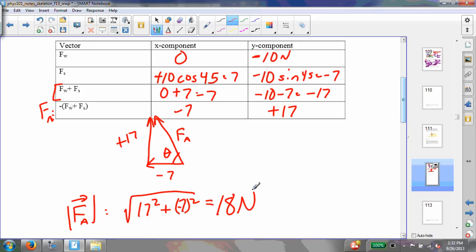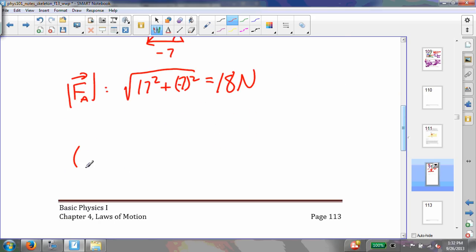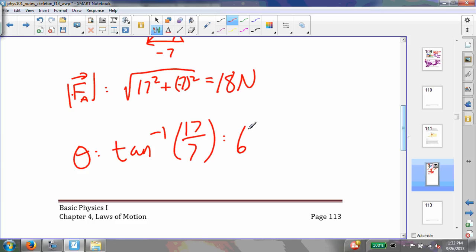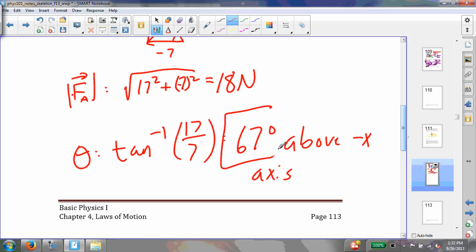And then I can also find this angle theta, just like we did in chapter 3. Theta is the inverse tan of the y component over the x component. That's 17 over 7. And if I calculate that, I get 67 degrees above the negative x-axis. Being very clear that I get my direction appropriately labeled. And that's the answer, 18 newtons at 67 degrees above the negative x-axis.